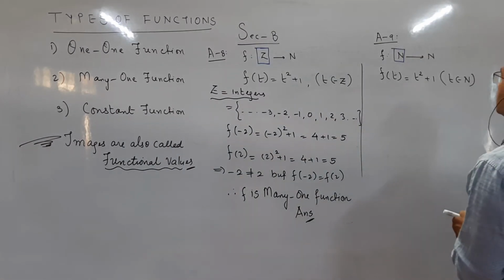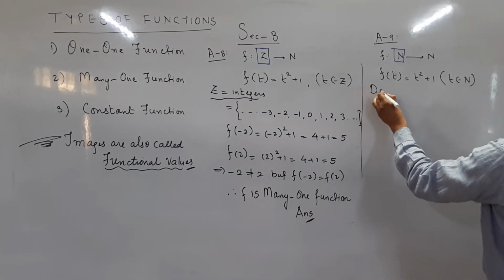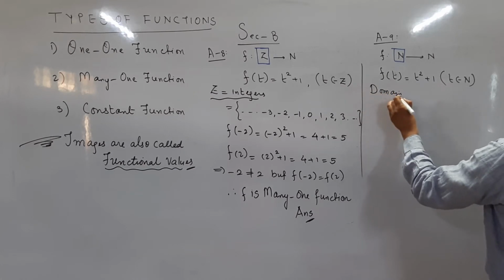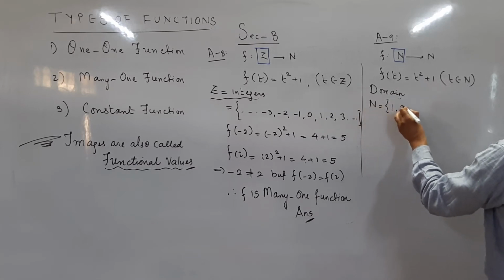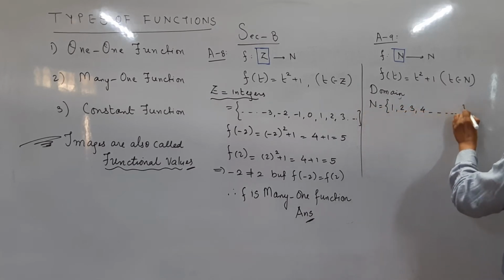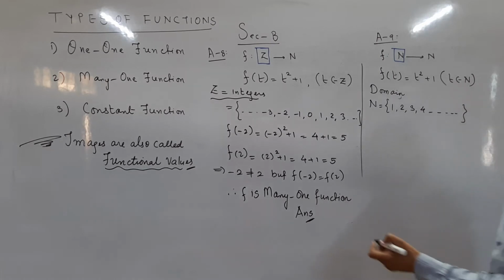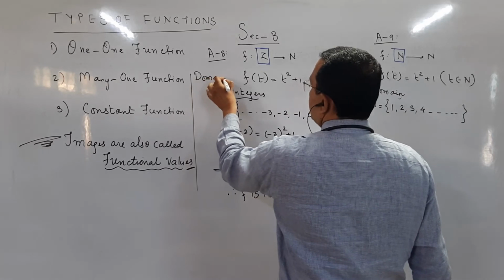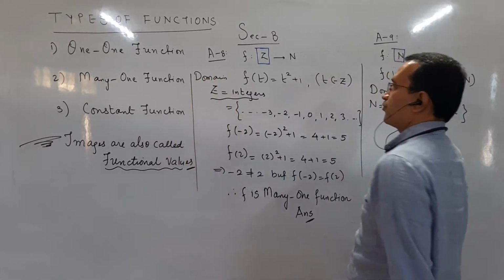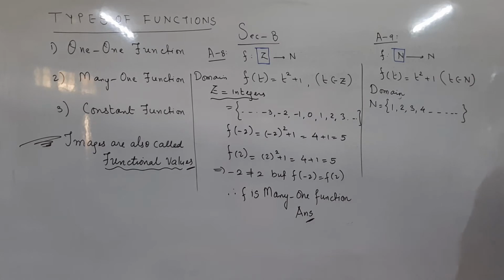Now here the domain is N, and N is set of natural numbers which starts from 1. Earlier the domain was set of integers. So as far as sums of types of functions are concerned, students always focus on domain.